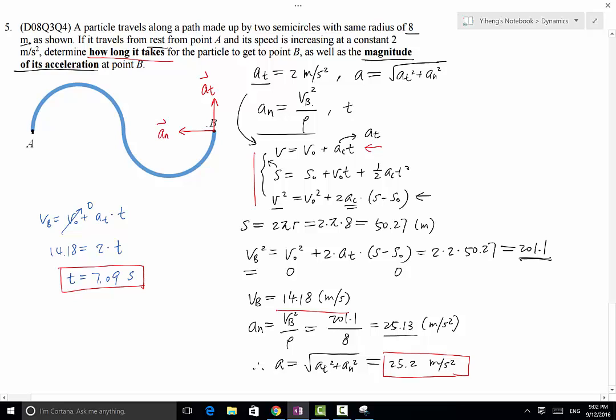The normal acceleration is always perpendicular to the tangential acceleration, and it is always pointing towards the center of curvature. And the direction of velocity is also always tangent to the path.